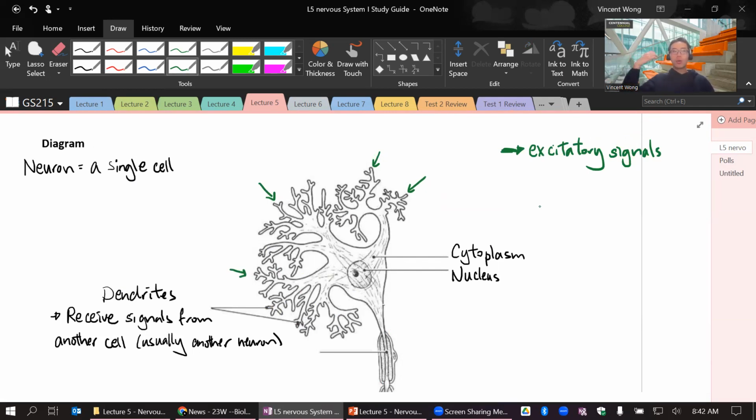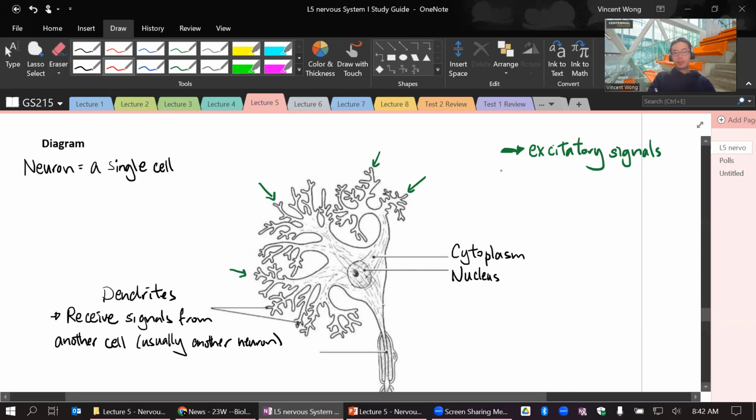It's like a go-ahead green light signal. It tells the neuron to transmit this information. And opposite to that would be inhibitory signals. The inhibitory signals are, as the name suggests, going to tell the neuron not to transmit this information.